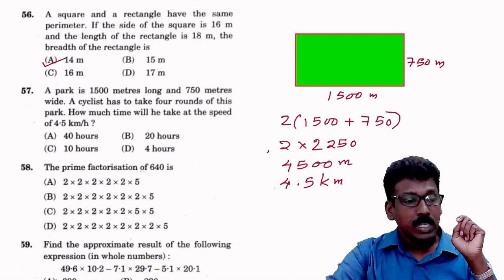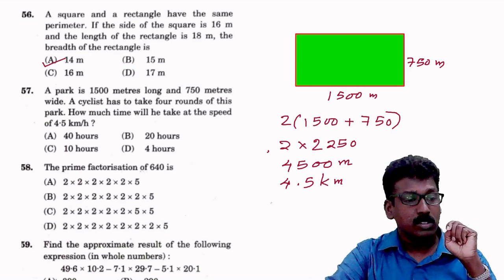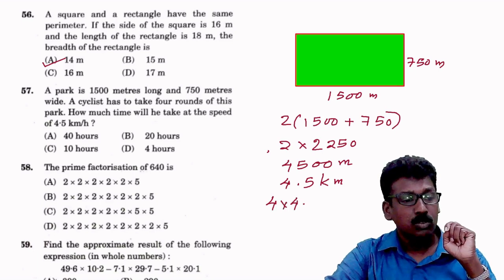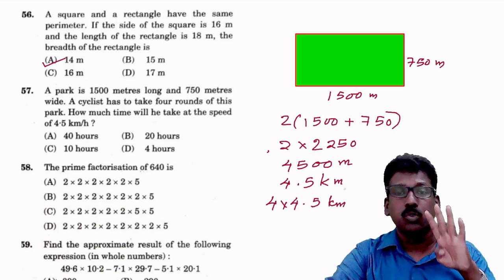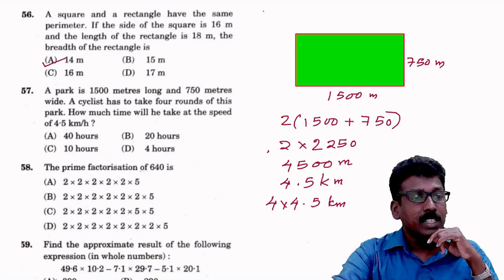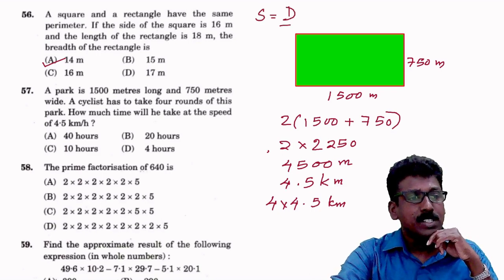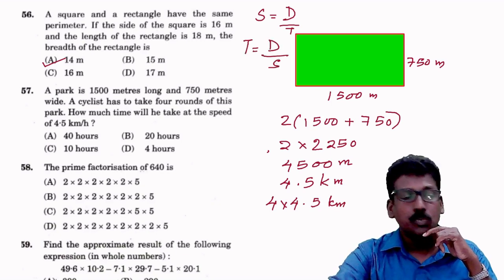in one round. How much distance does he travel in 4 rounds? Yes, it is 4 into 4.5 kilometer. You have to find out the time. There is a relation: speed is equal to distance traveled divided by time. If it is so, time is distance traveled divided by speed.